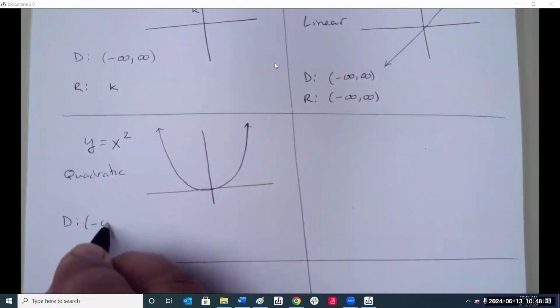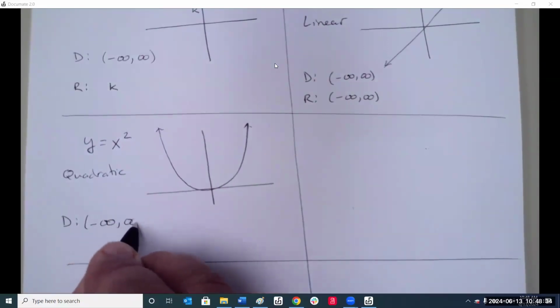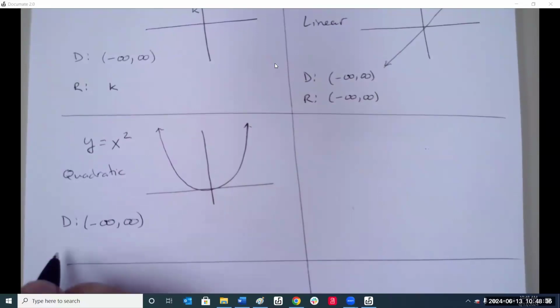The domain is all real numbers, and the range is simply 0 to infinity.